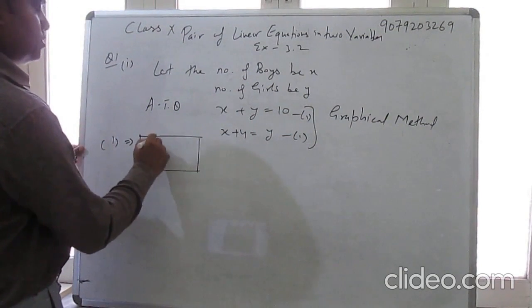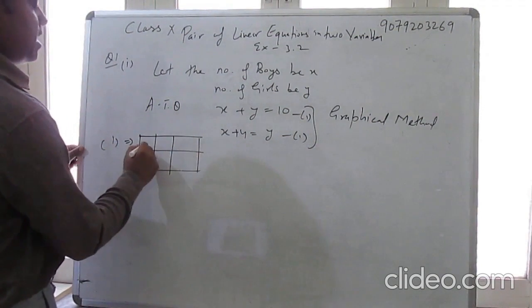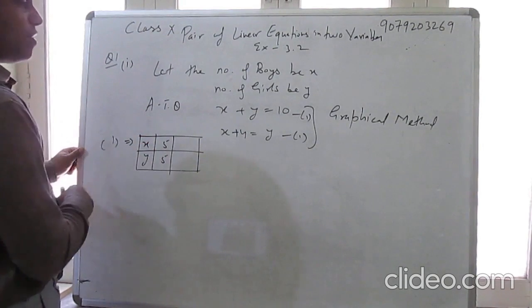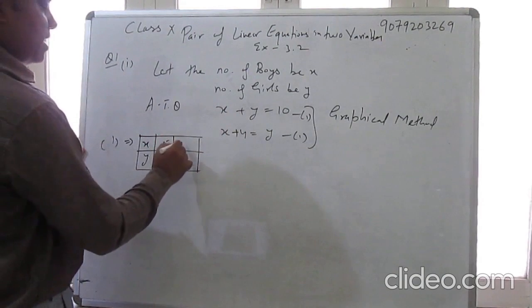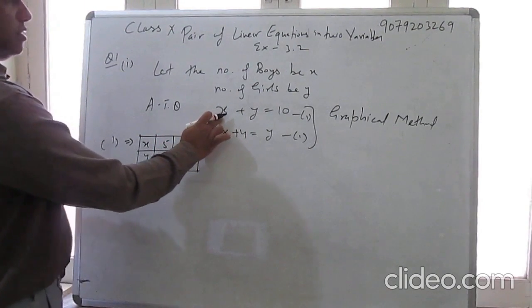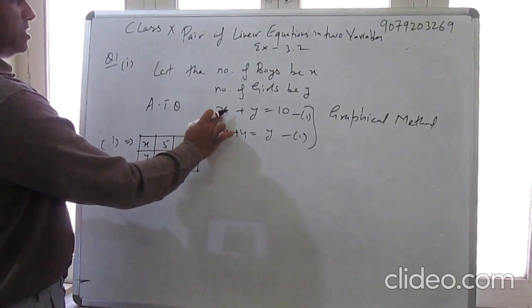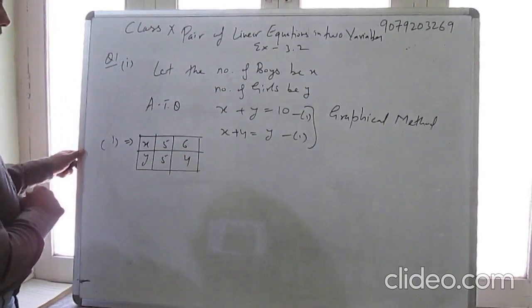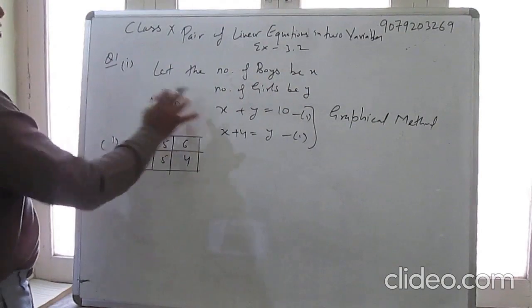Take 2 points, x and y. If I take x 5, then y is also 5. If I take x 6, then y is 4. These are the points of equation 1.